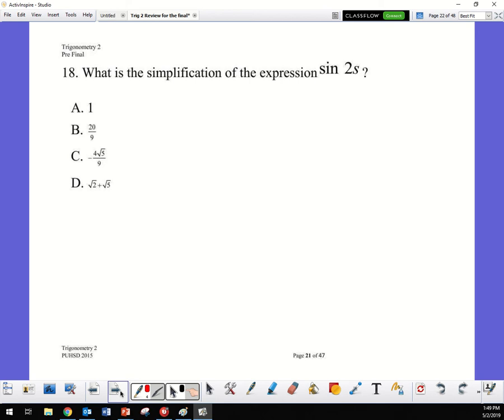So sine of 2s should be equal to what? 2 sine s cosine s.